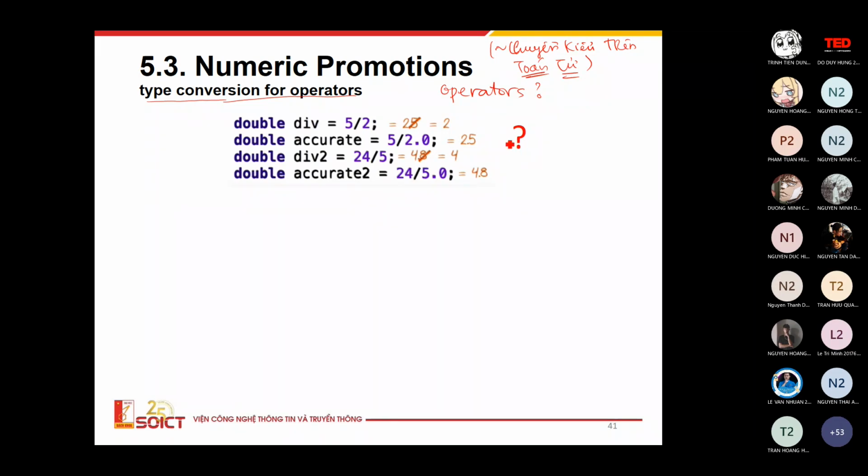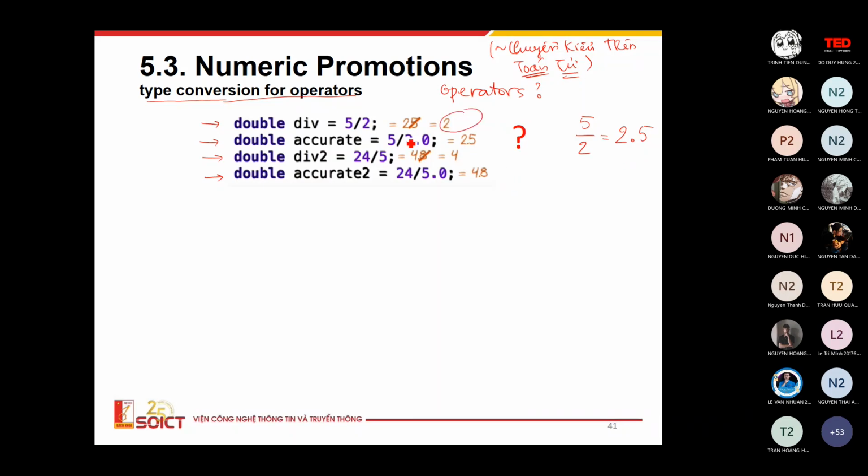So maybe when you try to type this command in your Java program, you will see it very strange. For example, when you divide 5 by 2, you expect the result will be 2.5, but here you get 2.